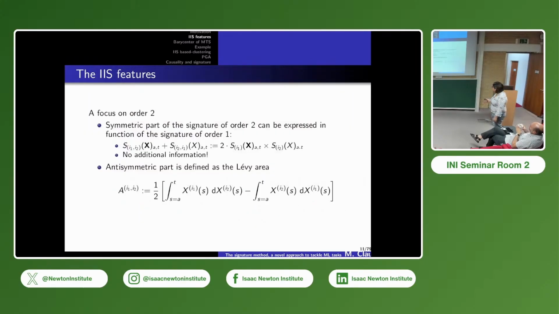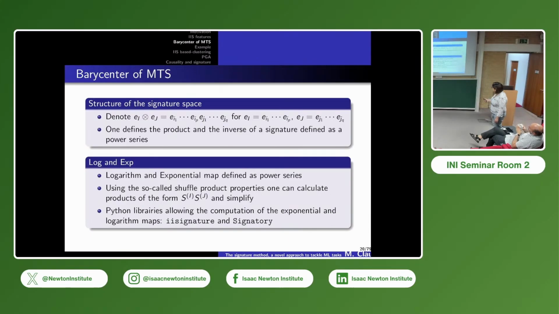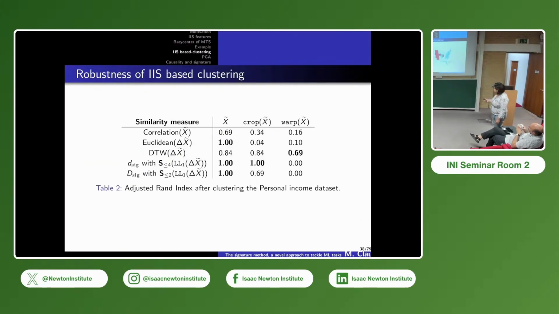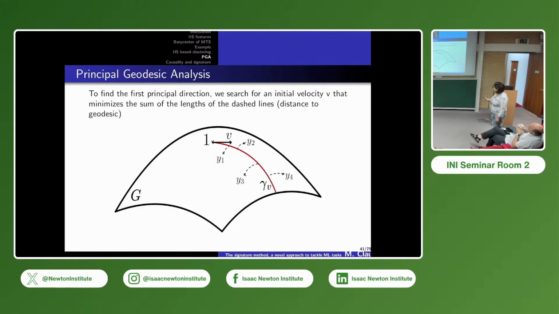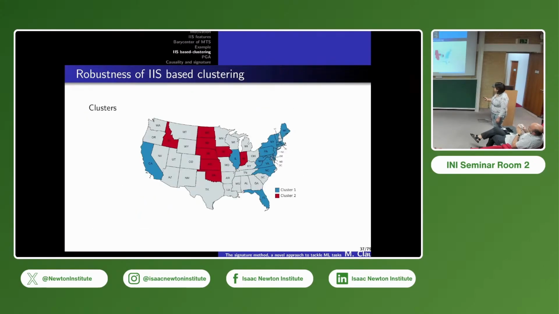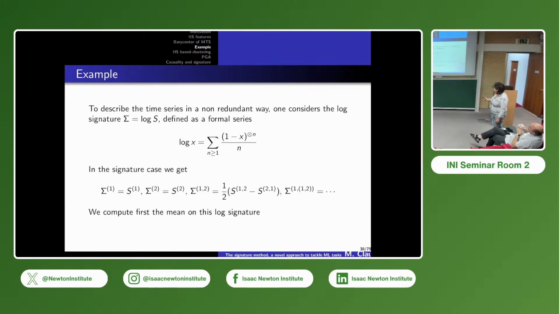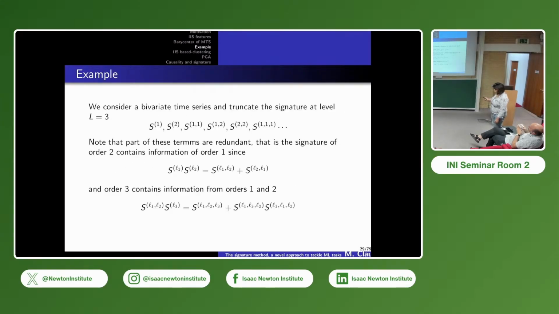I can show you, for example, here I give some example. Just to show you, you have rules to compute the product of signatures, and you have rules also to concatenate paths and to see the impact on the signature.